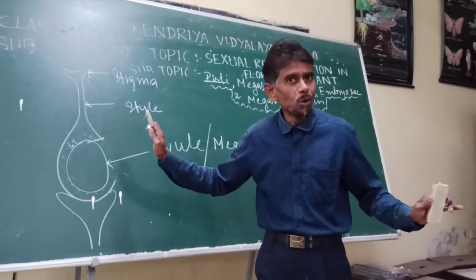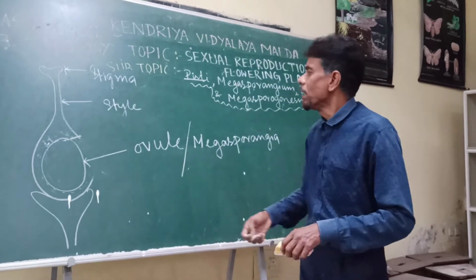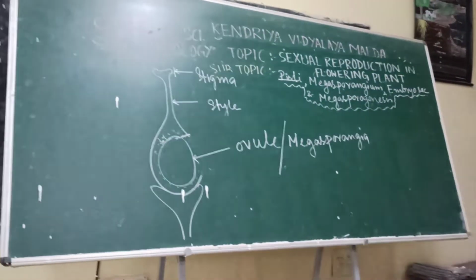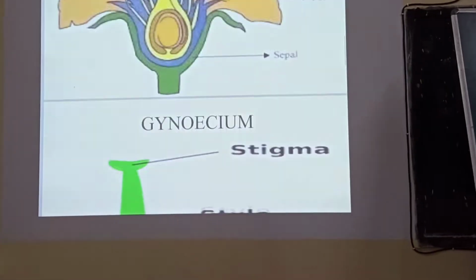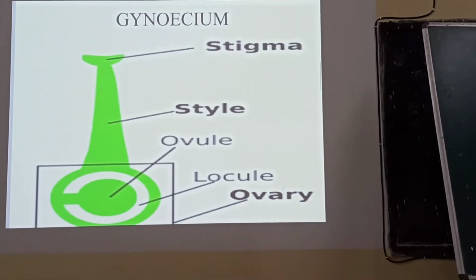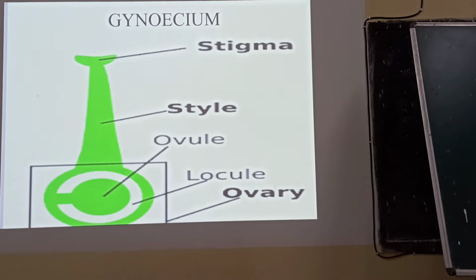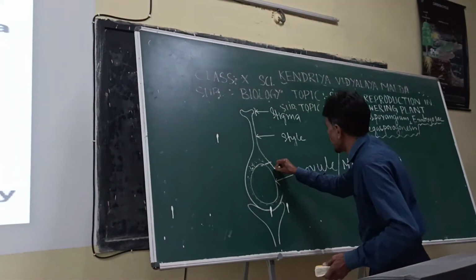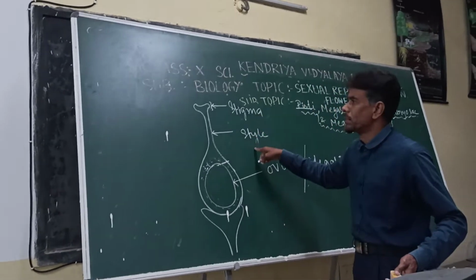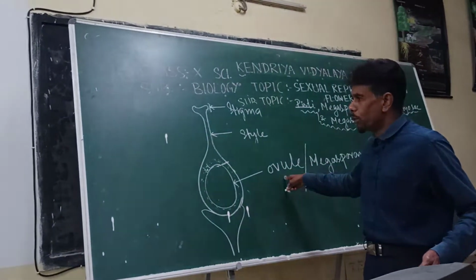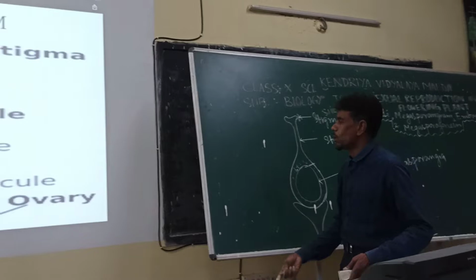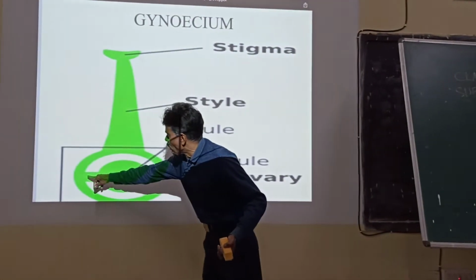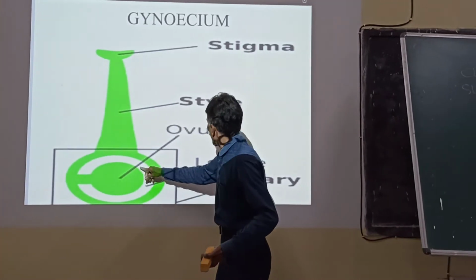Is that clear to you? Now let me go into detail, but before that, I will show you a clipping. You see here, I have taken an individual gynoecium, as I told you and as I have drawn here also. This is the stigma, the style, the ovule present inside, and this is the ovarian locule, and that is the placenta which is attached with the ovule.